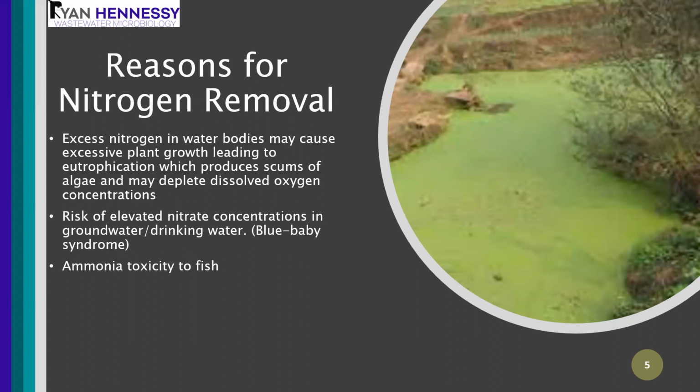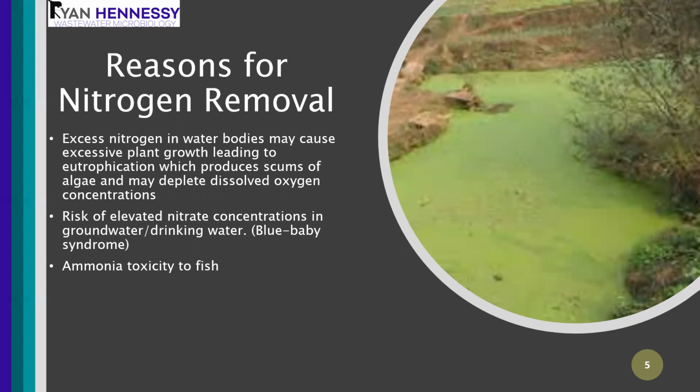So it's really important that nutrients, especially nitrogen and phosphorus, are low in receiving water bodies to maintain that water quality. Another thing is that nitrate is very detrimental to children. About 10 parts per million nitrate can cause blue baby syndrome.